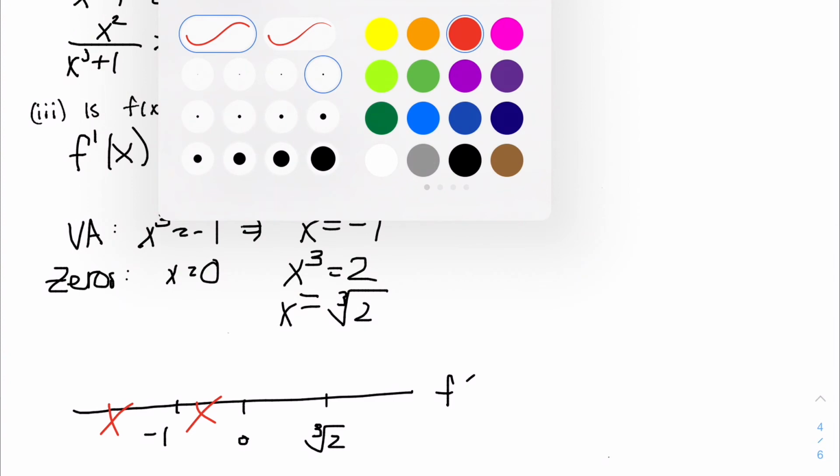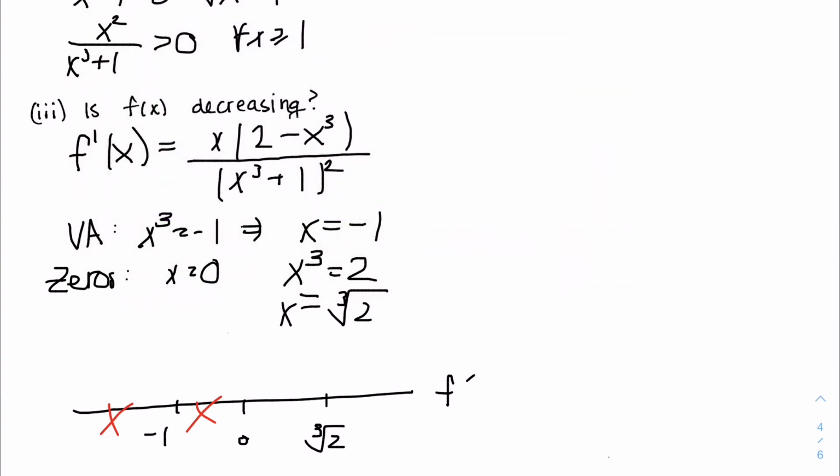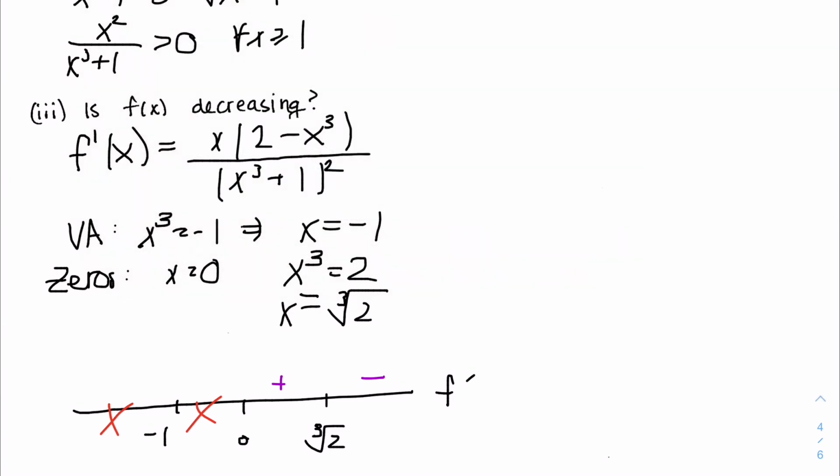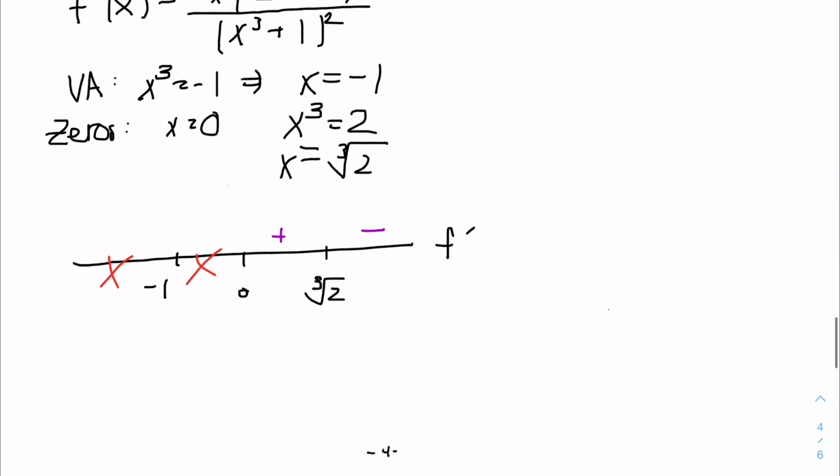Really, I don't even care what's going on from 0 to the cube root of 2, because I care about this long piece here. If you do plug in, say, 1, then it's going to be a positive number. If you plug in, say, 3, you're going to get a negative number up here. So really, we only have f decreasing on a particular interval, but that's okay. It's decreasing from the cube root of 2 onward.